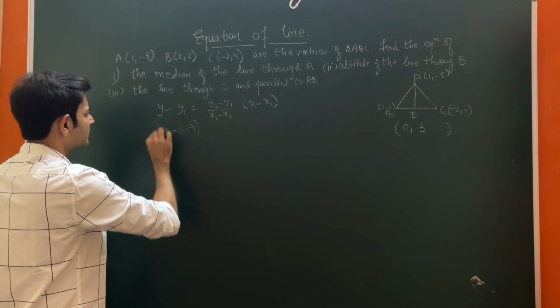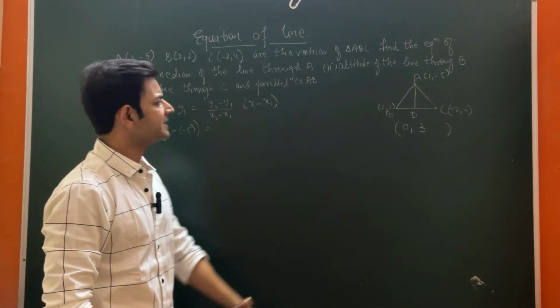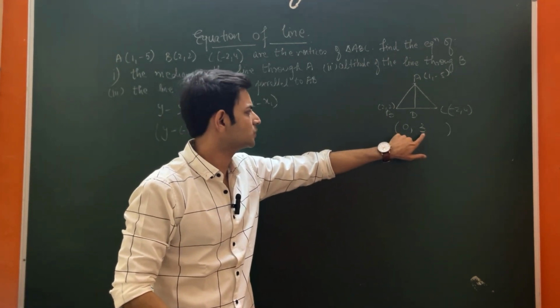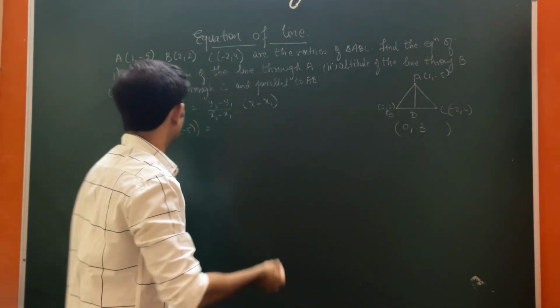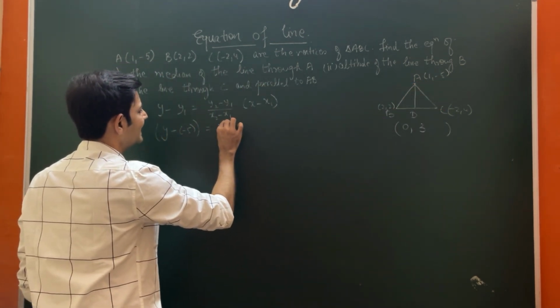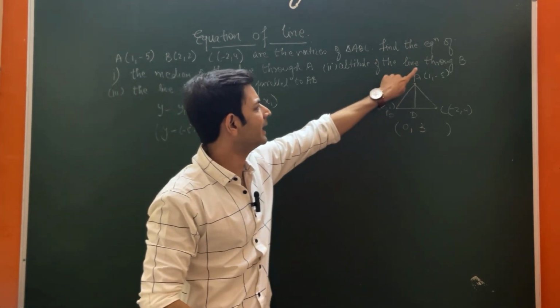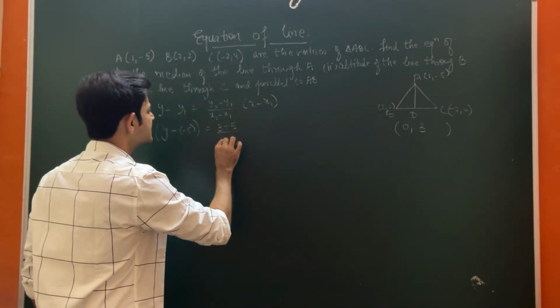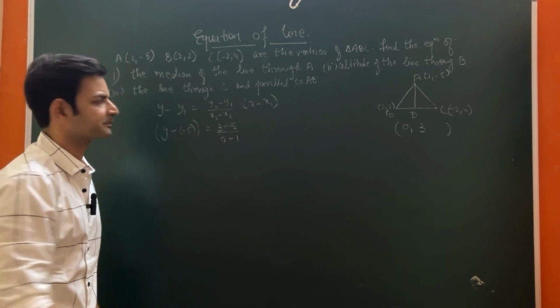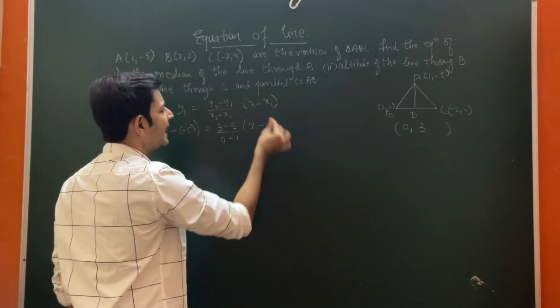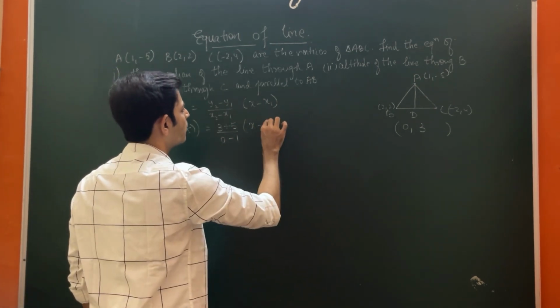That we will do it later. Y2 minus y1. So y2 is this. So 3 minus of minus 5. So I can directly write 3 plus 5 upon x2 minus x1. So 0 minus 1 into x minus 1.